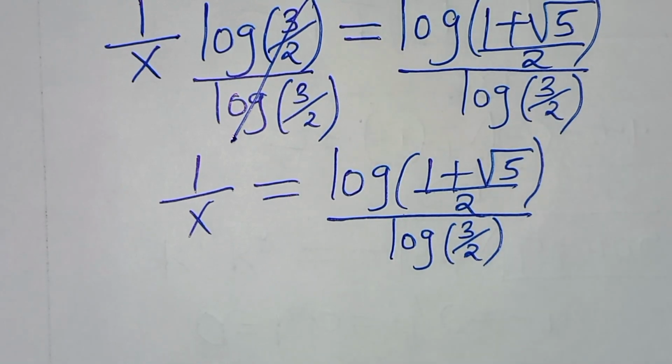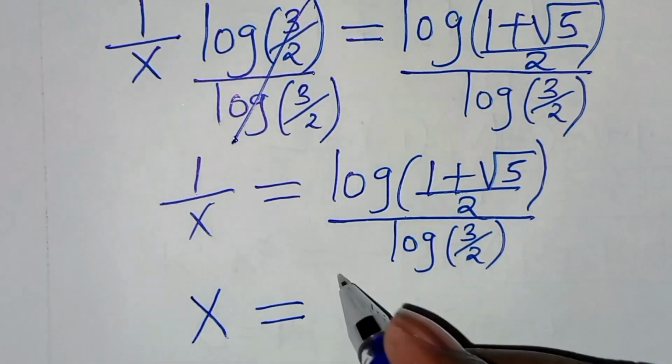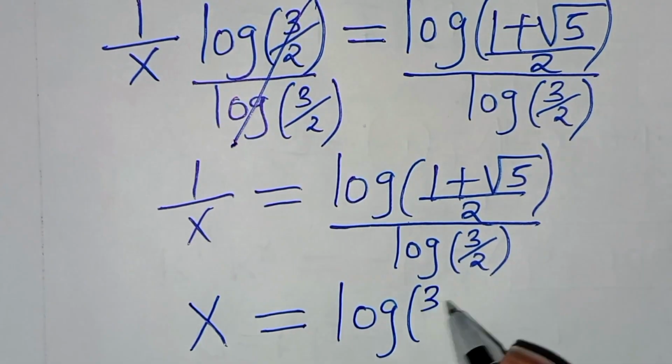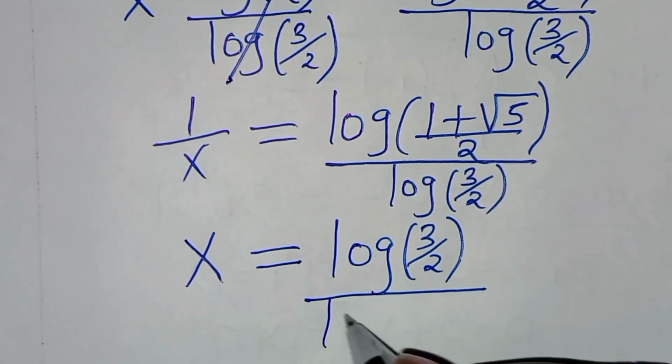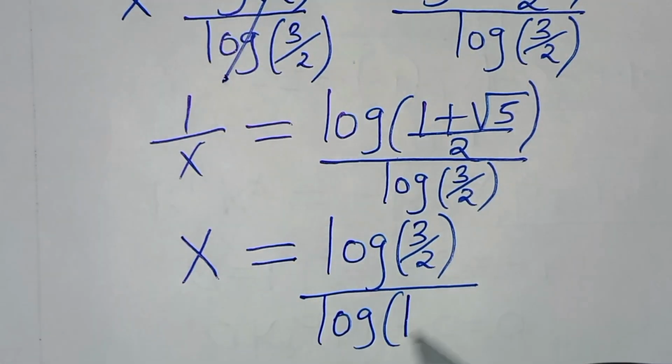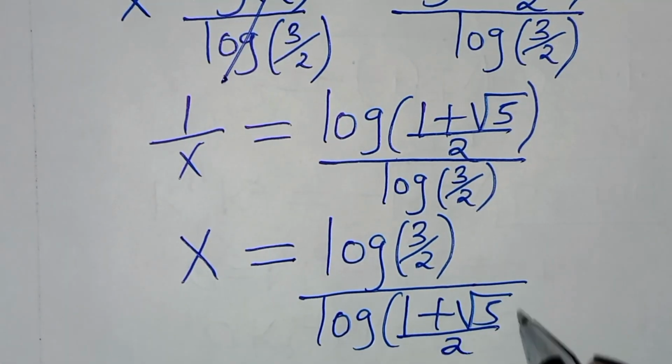Now, this implies that x is equal to log (3/2) divided by log of (1 + √5)/2.